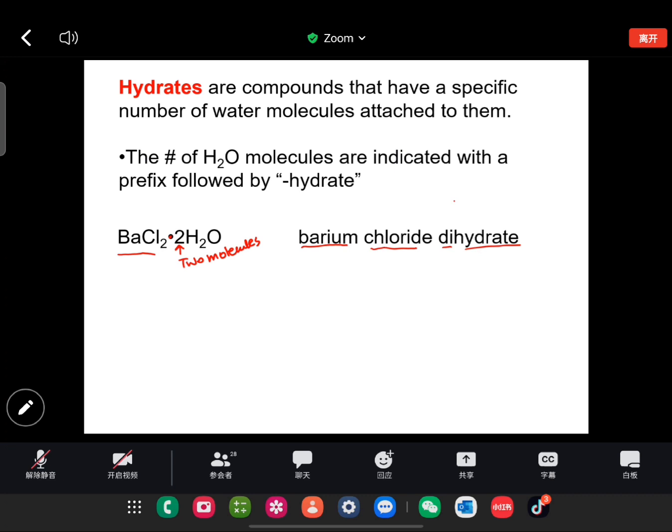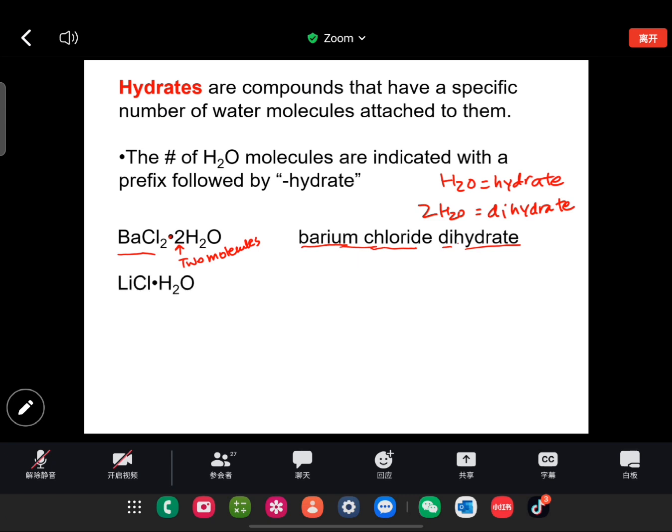Now we need to write the prefix for these water molecules. H2O will be written as hydrate. If you have 2H2O, we will write it as dihydrate. So remember, we have learned the prefixes 2, 3, 4. They have special names, tri, tetra, penta, etc. So we are just going to write the name of the first compound, which is barium chloride dihydrate.